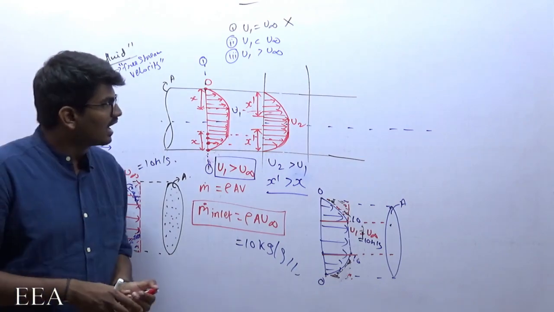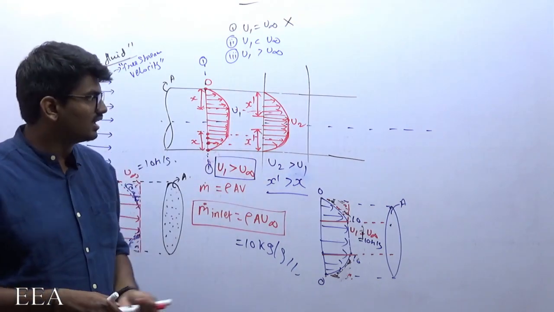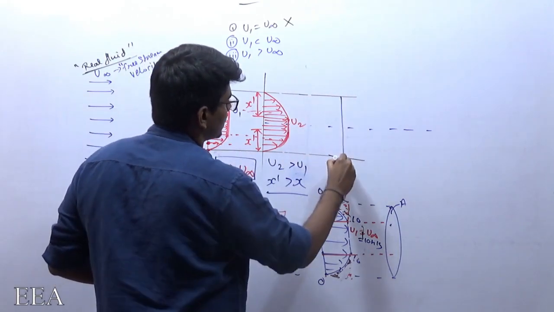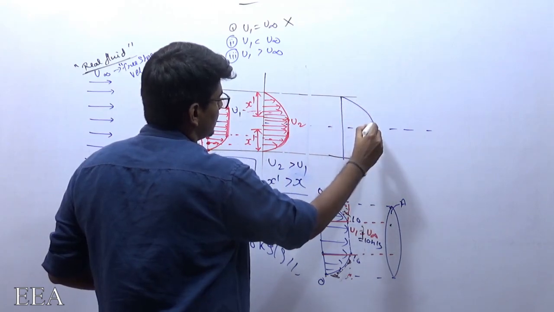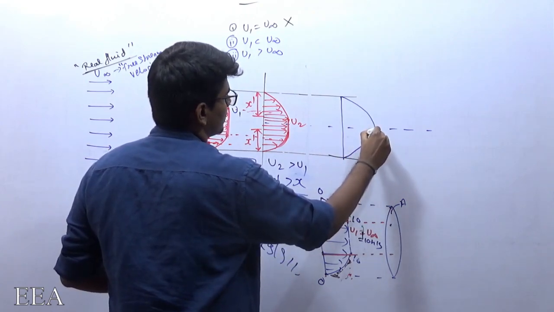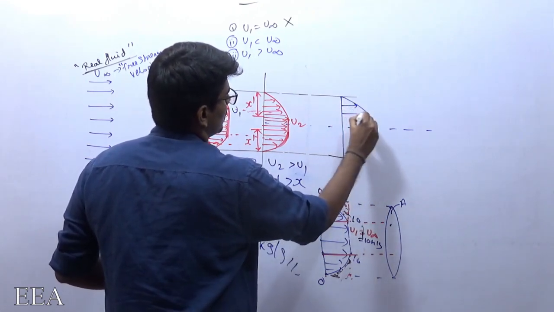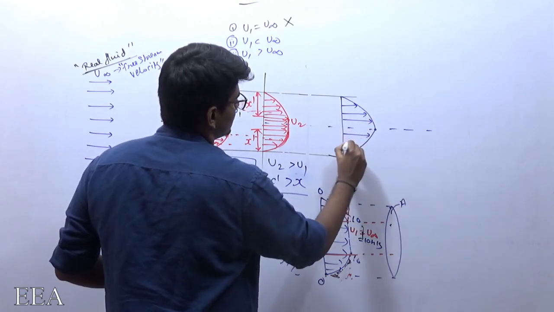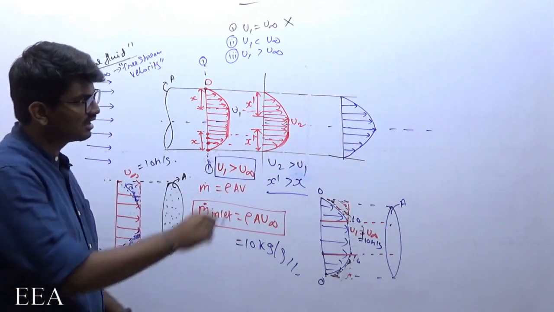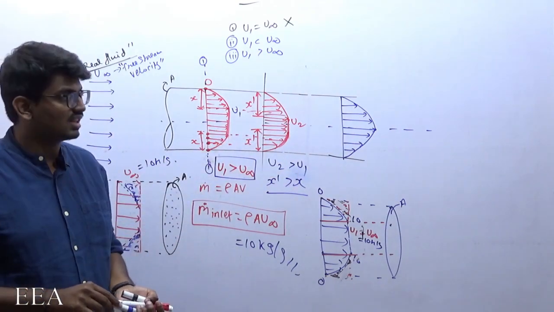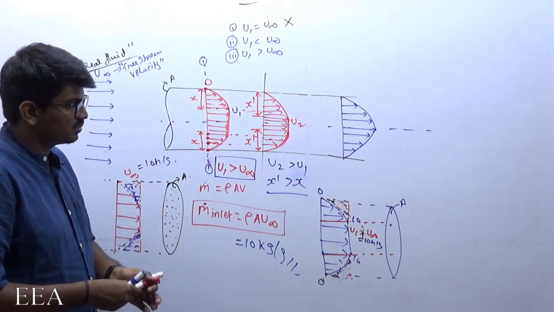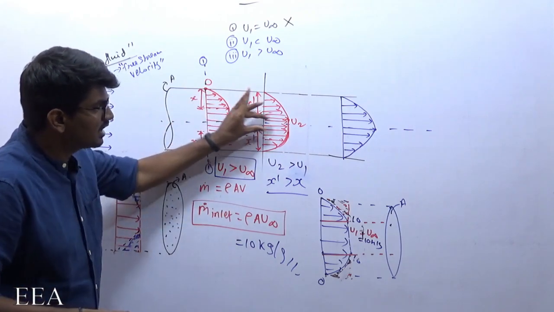Okay. As I am moving further, at one particular point, the velocity profile will exactly reach the center. Until I reach this point, the velocity profiles will be continuously changing.